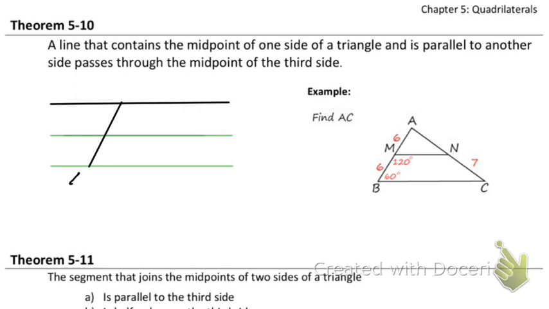Maybe we'll call this A, B. Maybe I'll call this M here, right smack dab in there. Then I'm going to say that AM and MB are congruent. I need to make all 3 of these lines parallel, so we'll put parallel symbols on there as well.